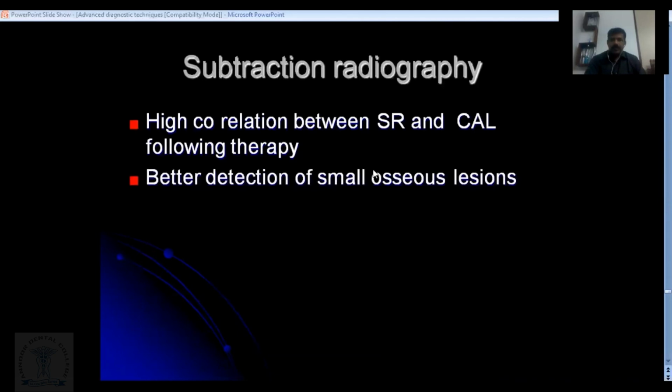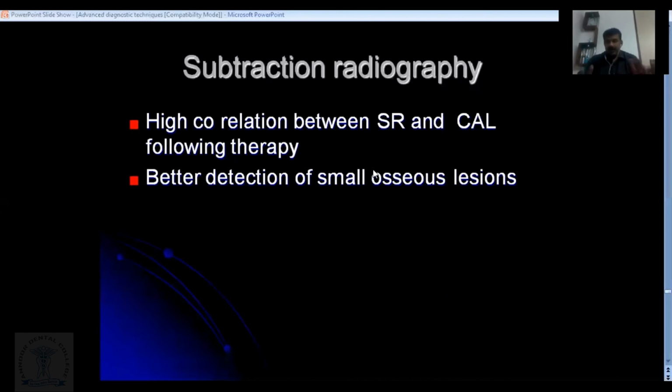And a lot of studies show that it has a high correlation with scaling and root planing and clinical attachment loss following therapy. So bone gain can be seen, and slight osseous changes can be detected. Early osseous changes can be detected by means of subtraction radiography, while some major changes have to take place so that it is appreciable in a regular radiograph.